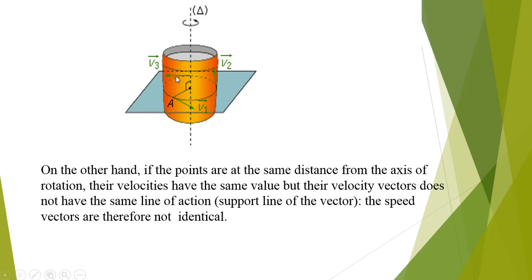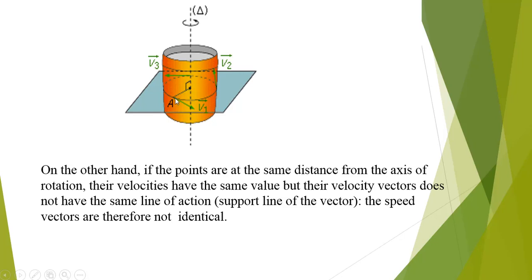In this figure, we consider 3 points from a solid in rotational motion, but these 3 points are situated at the same distance from the axis of rotation, or these 3 points are situated on the same circle of common radius.